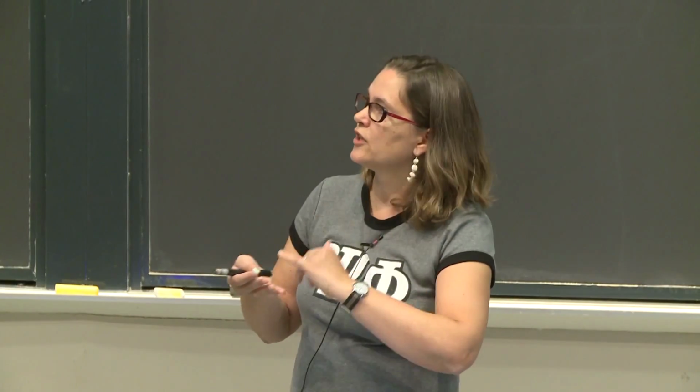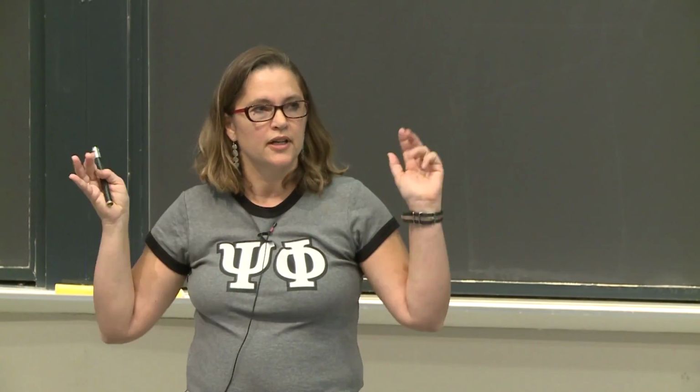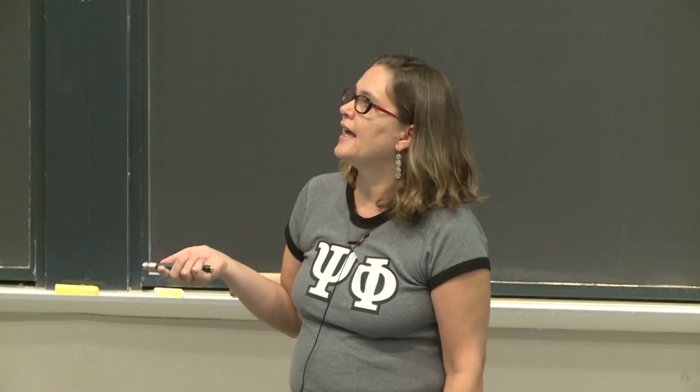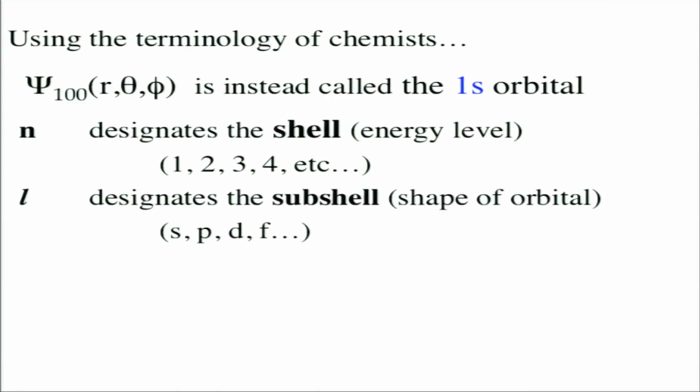So let's look again now at the same things we just talked about, but going through kind of chemistry lingo. So again, n describes the shell or the energy level. Again, it's integers, 1, 2, 3, etc. L in chemistry lingo, the subshell or the shape of the orbital.